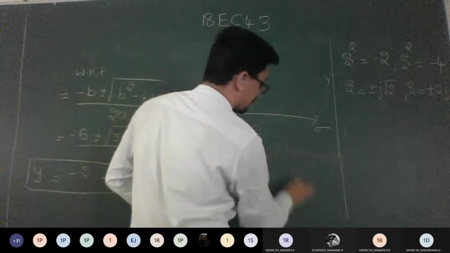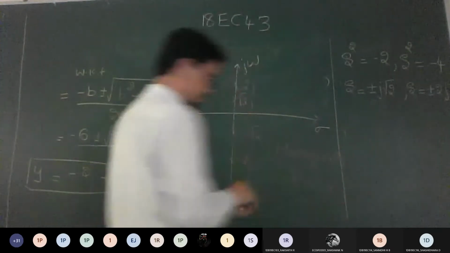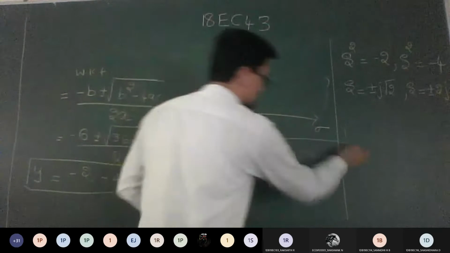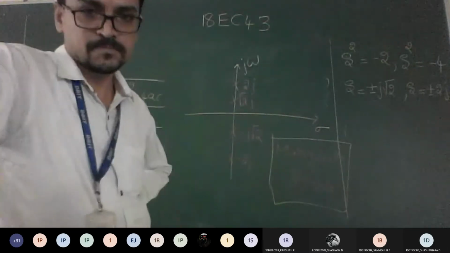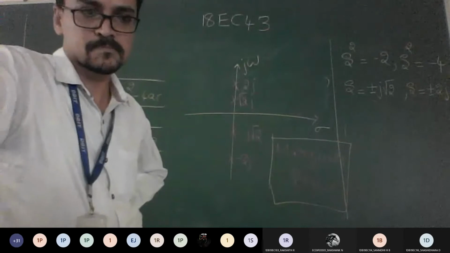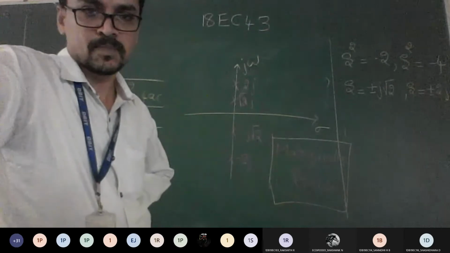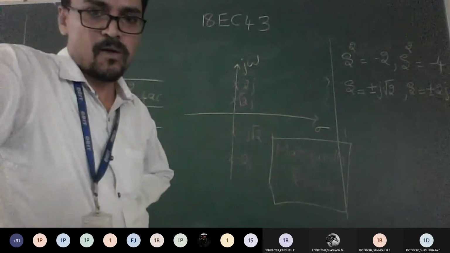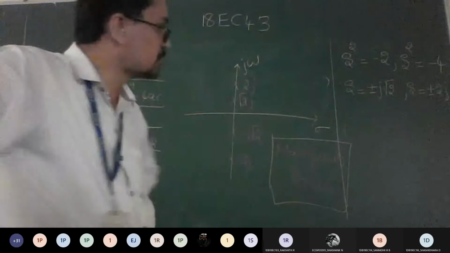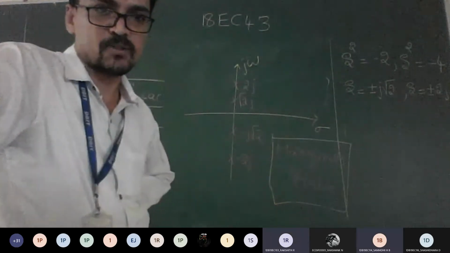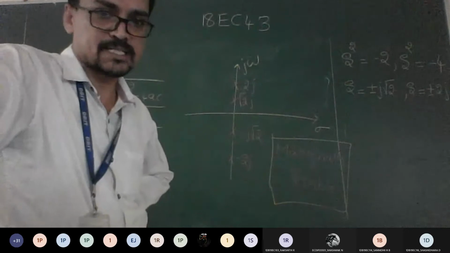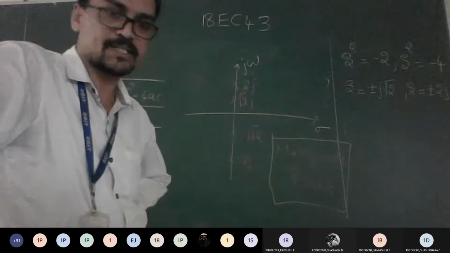If anybody has doubts on how to solve this problem, let me know. Is it okay, guys? Or any doubts? You got the idea now of how to solve a special case 2 category problem. By default, if you get a row of 0s, it is unstable or maybe marginally stable.